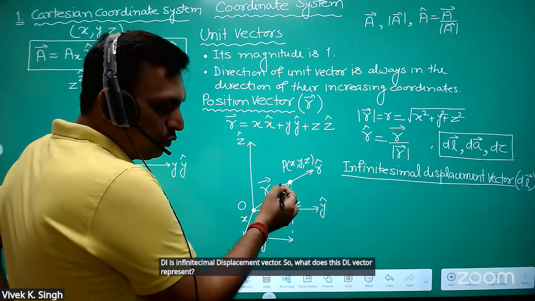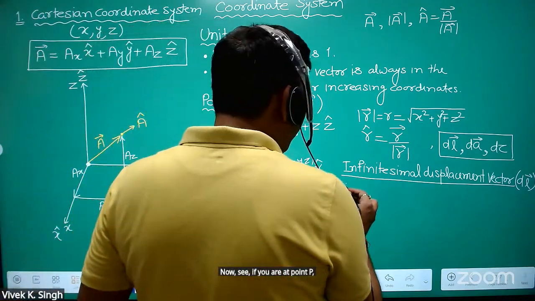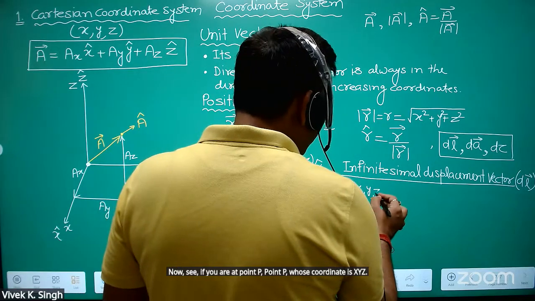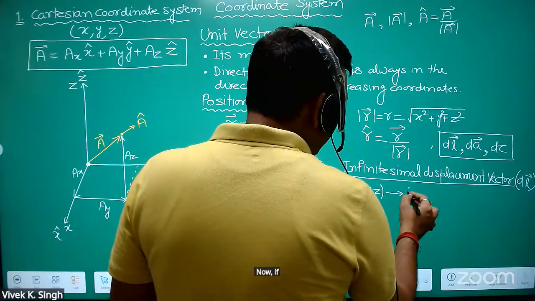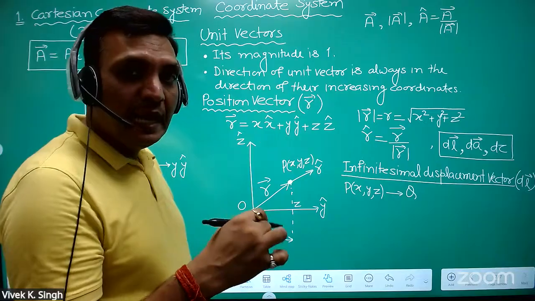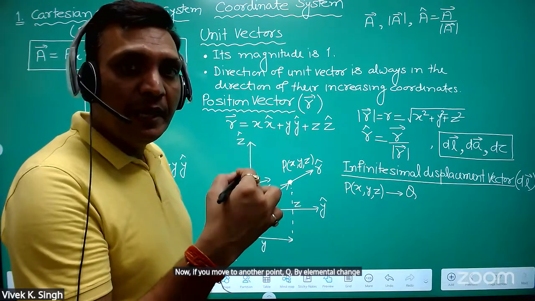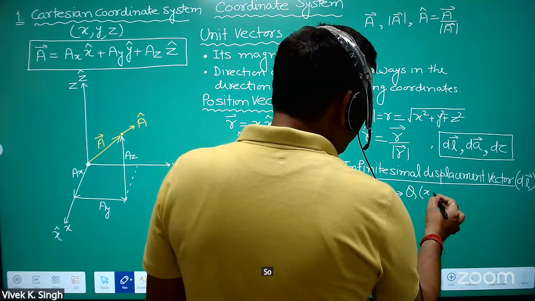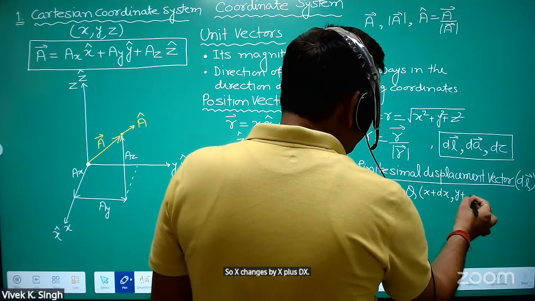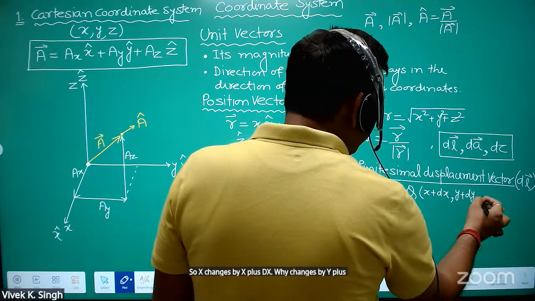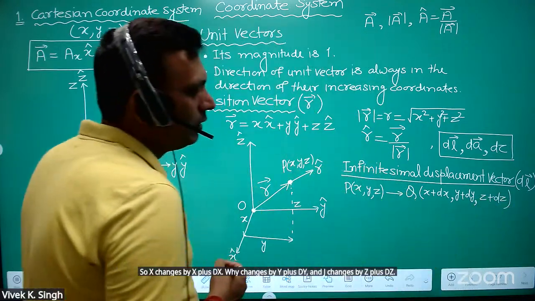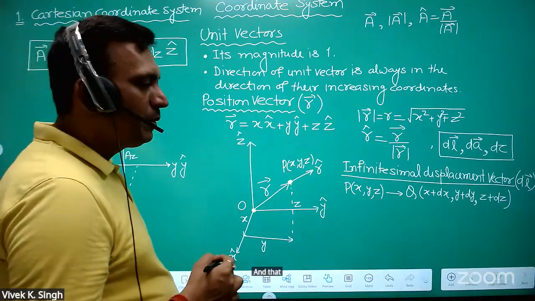Now see, if you are at point P whose coordinate is x, y, z. Now if you move to another point Q by an elemental change in x, y, z, so x changes to x plus dx, y changes to y plus dy, and z changes to z plus dz.